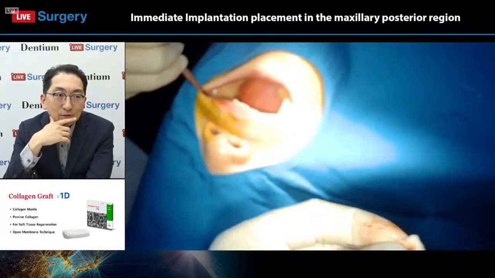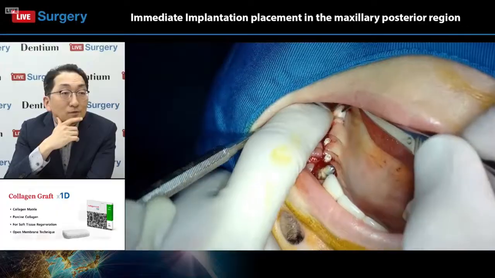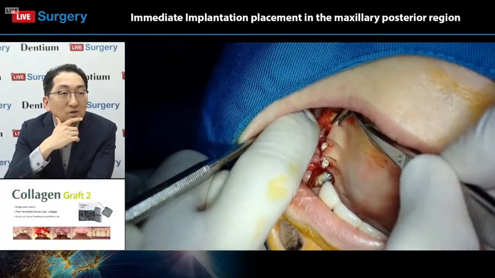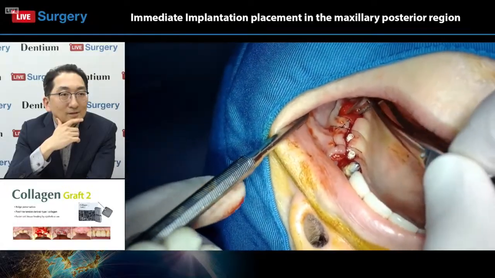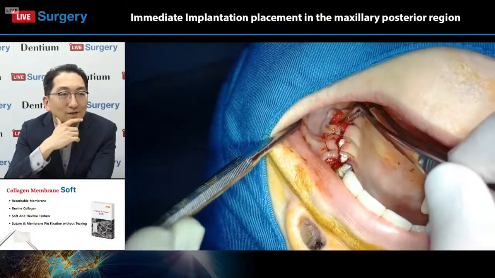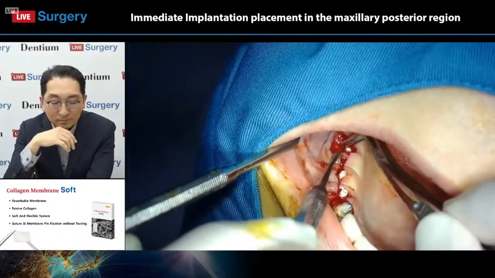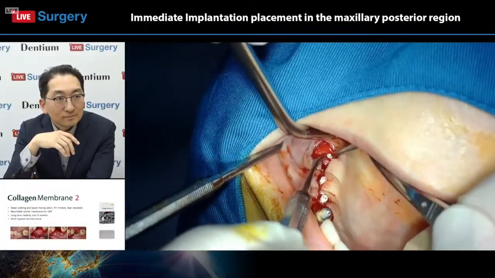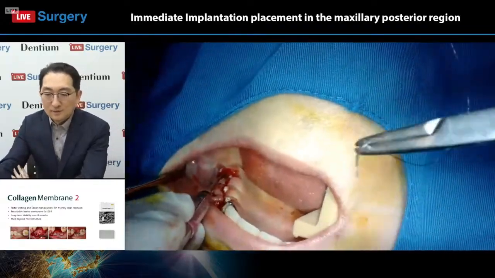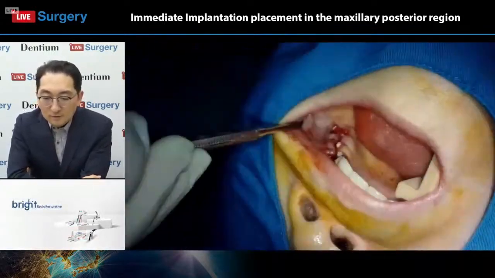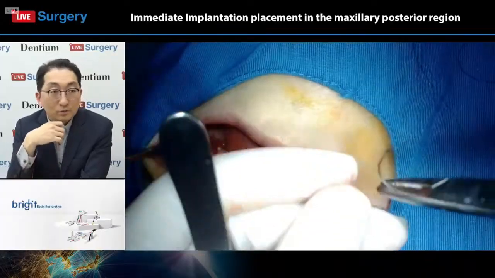I made a hole in the collagen graft for the cover screw, but it didn't work. Suturing was done with the goal of open healing rather than primary closure.